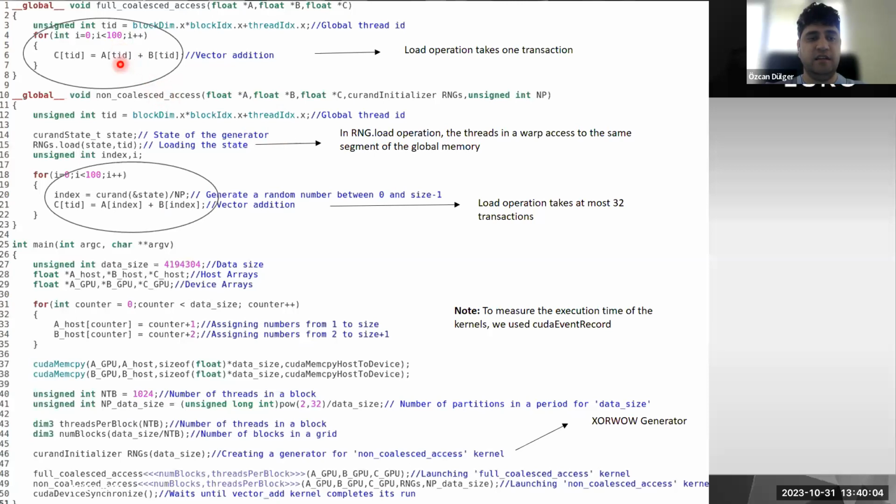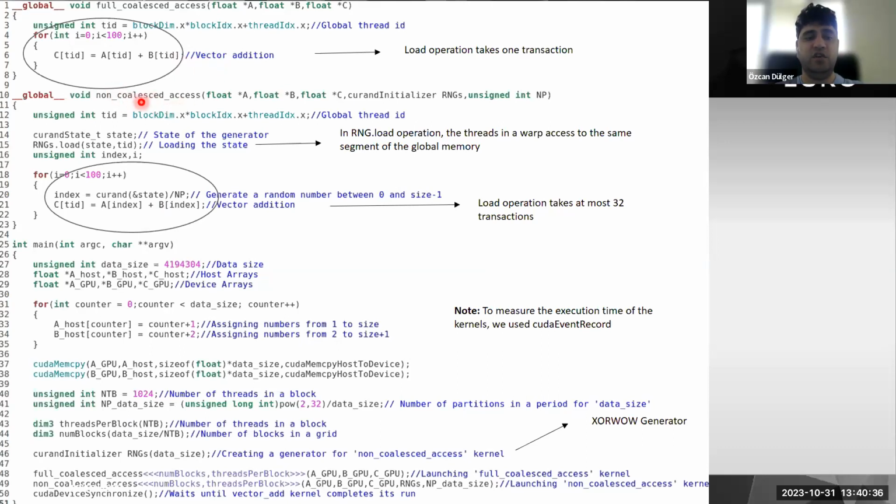The threads in the warp here access the same segments when reading A, when reading B, and the for loop takes 100 iterations. So there will be 100 read operations for A and 100 read operations for B, but all of them are fully coalesced. So the load operations of A or B will take one transaction.